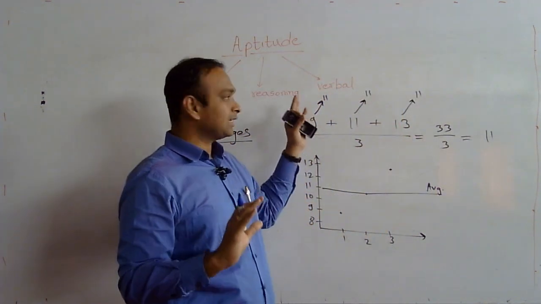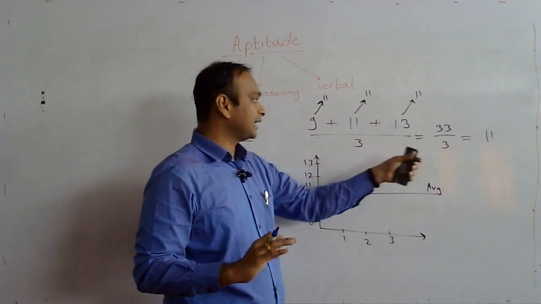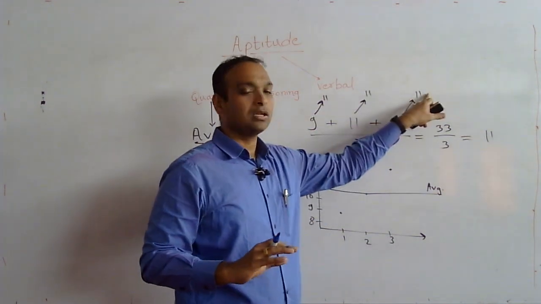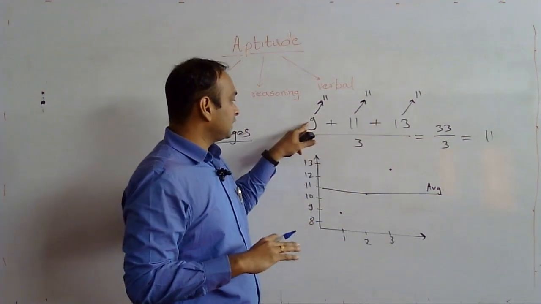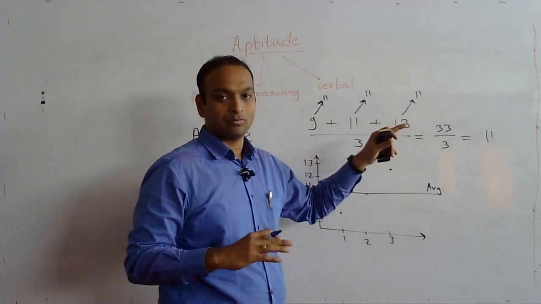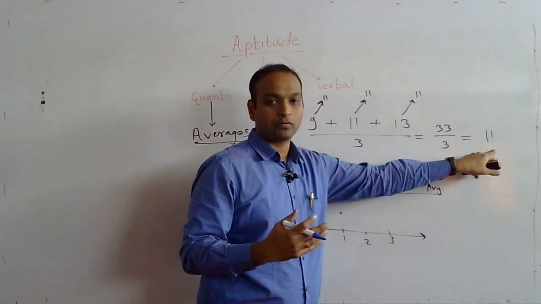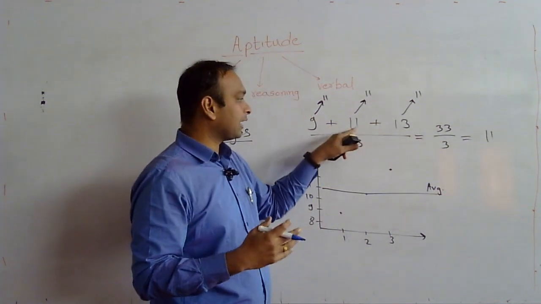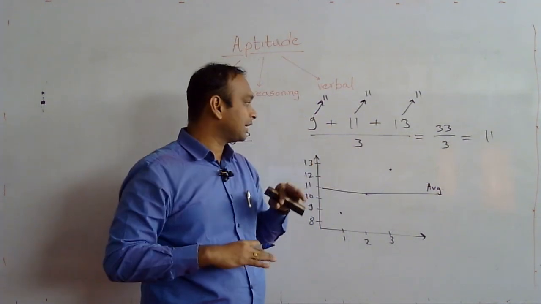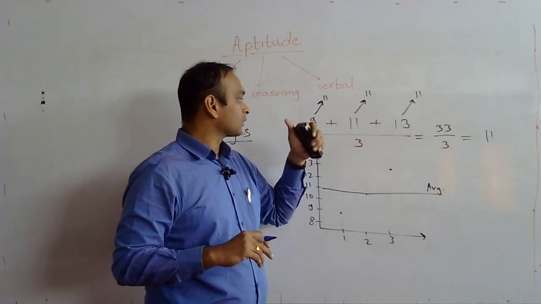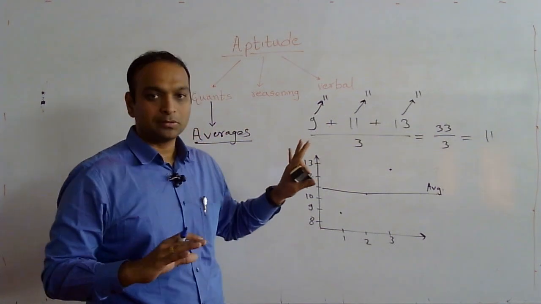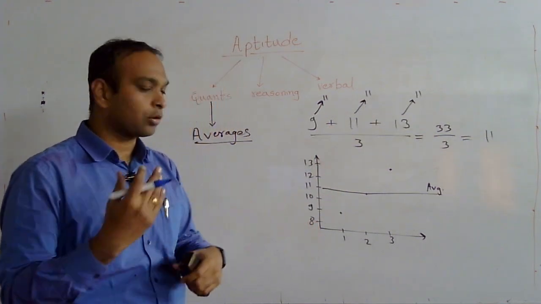If we consider this concept of averages, each number should ideally be 11, but in real life the numbers may not be the same. They may not be of the same value as the average, but may have some ups and downs, some deviations, and here we can see those deviations. Considering these concepts, today we will be solving a few problems.